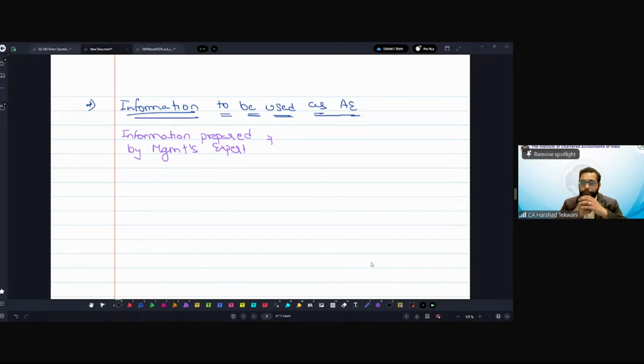Like we already studied this part, we can say that we will check the professional expertise, skill and competence of the expert. We will also check their objectivity, independence requirements, and the standards applicable to them, whether they are following those while performing their procedures and policies.